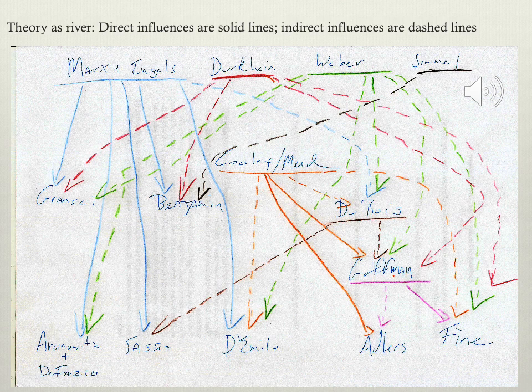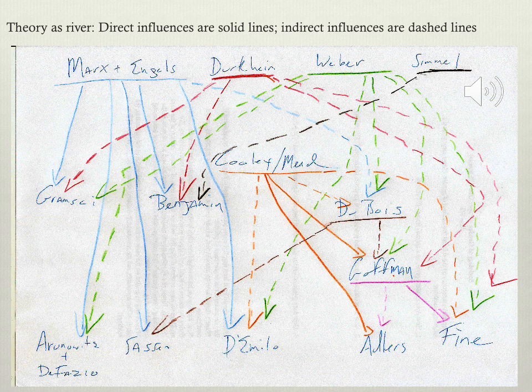Usually when we're meeting face to face for this class period, I have up on the board all the different connections, both direct and indirect, when it comes to visualizing our theory as a river metaphor.